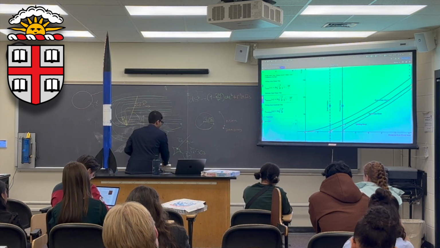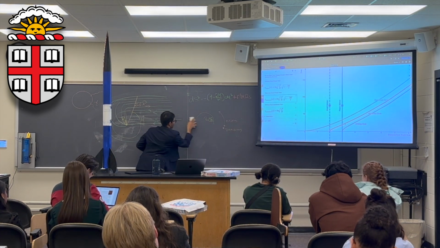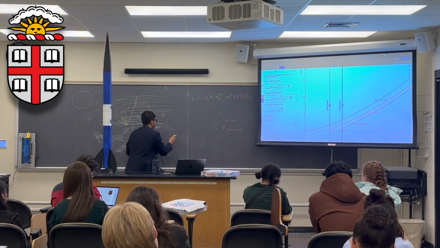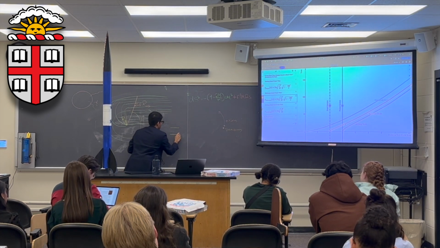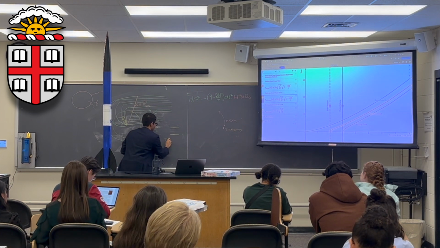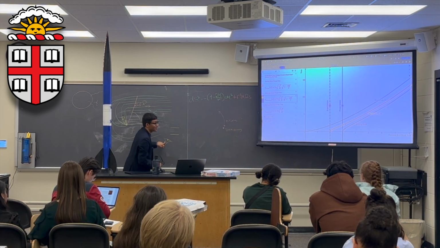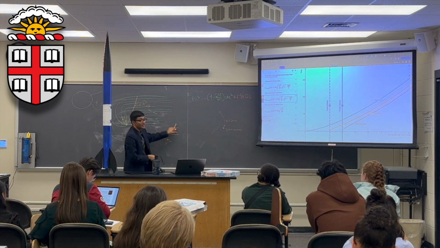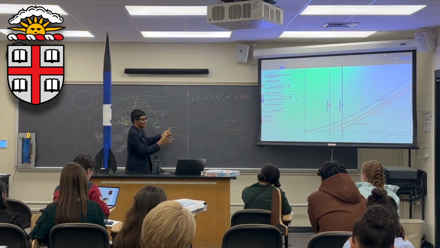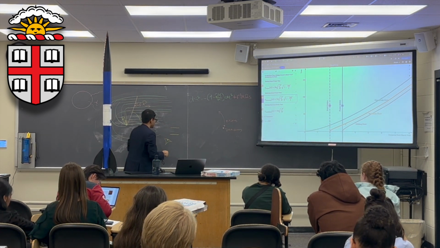So let's say I have my two clocks, and the stationary clock is moving and watching the orbiting clock, which has apparently stopped at the photon sphere.